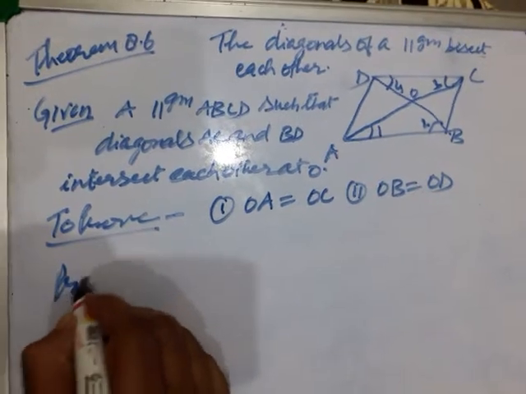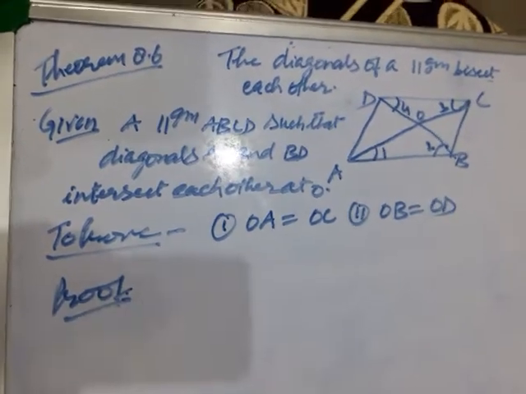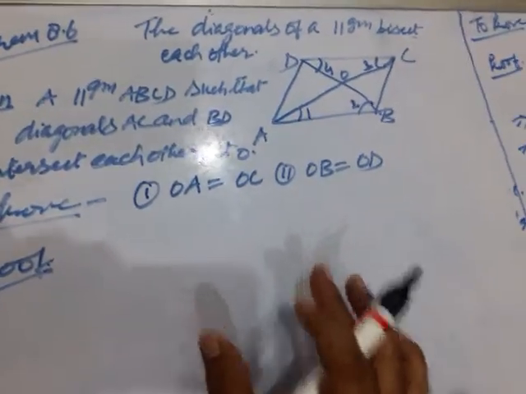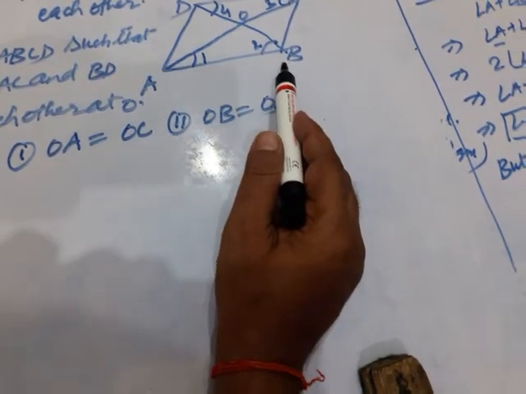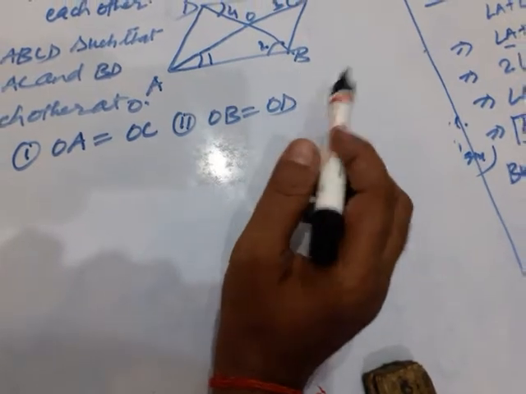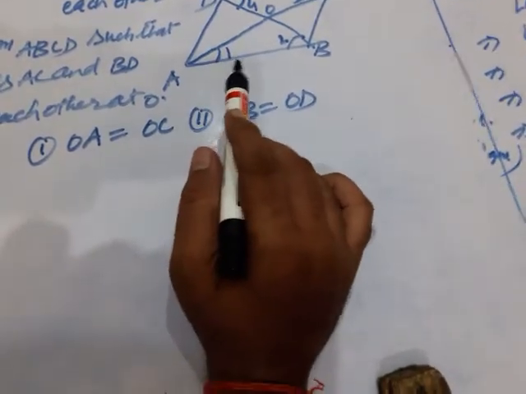Let us start the proof. How will you prove? See here, ABCD is a parallelogram, that you know. Here AB is parallel to CD, and BC is parallel to AD, children. Okay, now let us start.